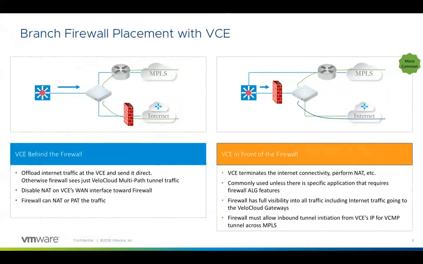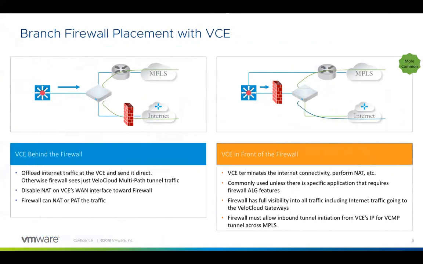And so in this case, if you place on the left-hand side a VeloCloud edge behind the firewall, and we send traffic from the VeloCloud edge to the VeloCloud gateway, and we encapsulate SaaS applications within that tunnel, then the firewall will not be able to see the actual end user traffic. It will just simply see the overlay tunnel traffic, which is UDP 2426.